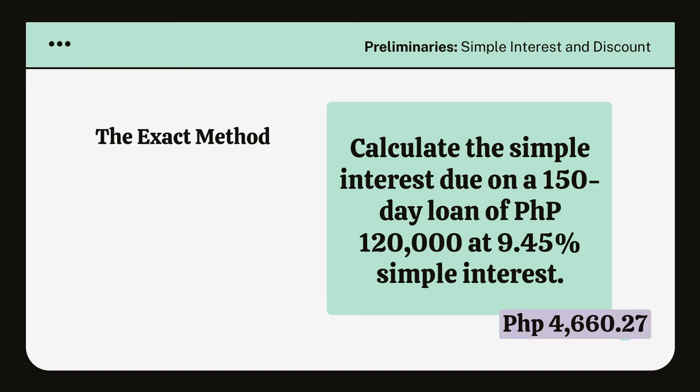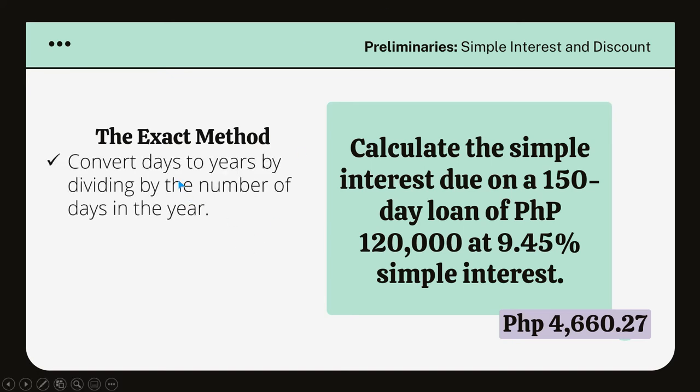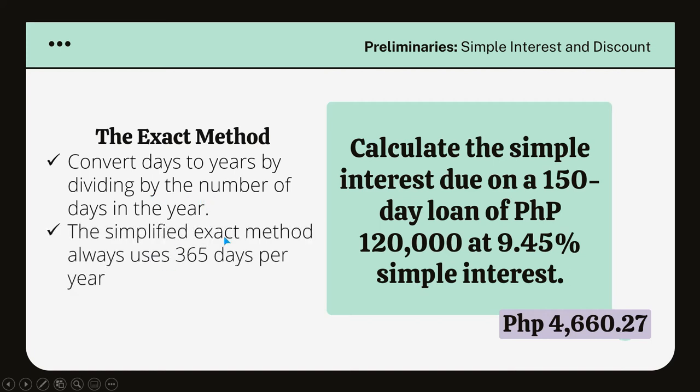So when we say the exact method, okay, we're going to convert the days to years by dividing by the number of days in the year. Okay, the simplified exact method always uses 365 days per year. Okay, it's called the exact method, but it's also the same as saying that it's calculating the simple interest of a loan that is in days.